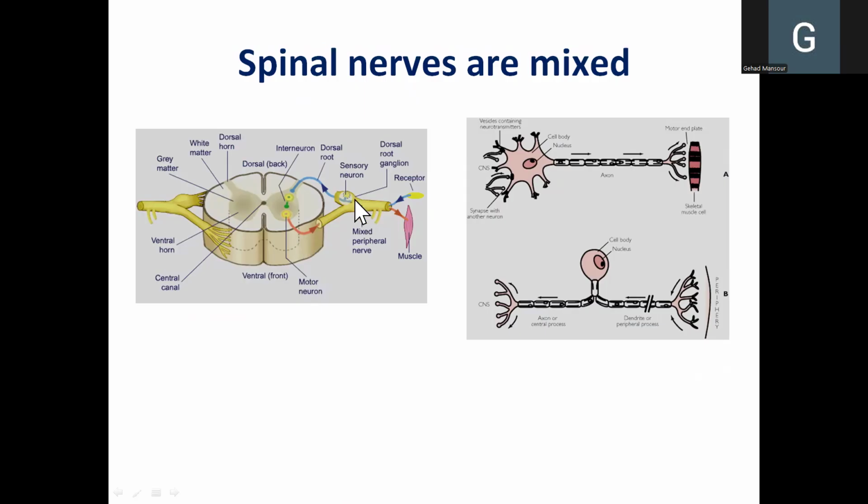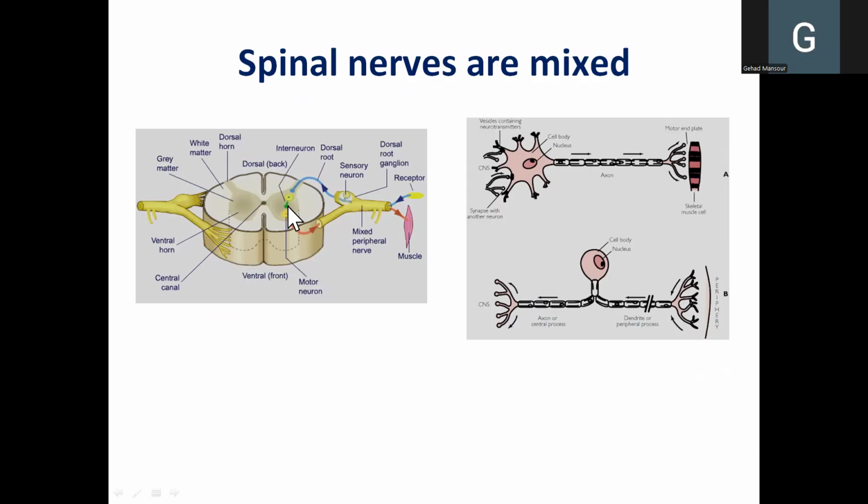So this tells you what? It tells you that as the spinal nerve approaches the spinal cord, it divides into two branches, one of them being purely sensory, one of them being purely motor. So they mix together only inside the spinal nerve, but outside the spinal nerve, the dorsal root is purely sensory and the ventral root is purely motor.